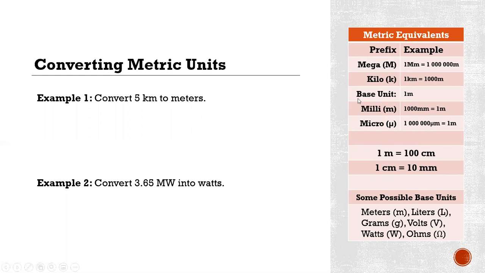So now I've paraphrased a little bit of the chart. I've condensed it. Let's work our way up the chart. 1 meter is 1,000,000 micrometers. 1 meter is 1,000 millimeters. So the step from micro to milli, there's 1,000 less teeny tiny parts.